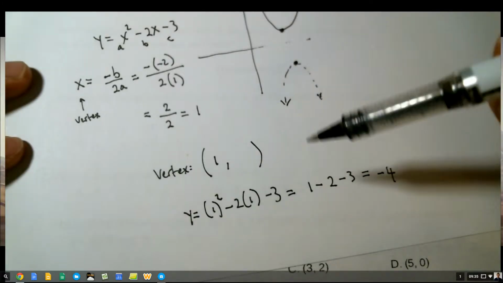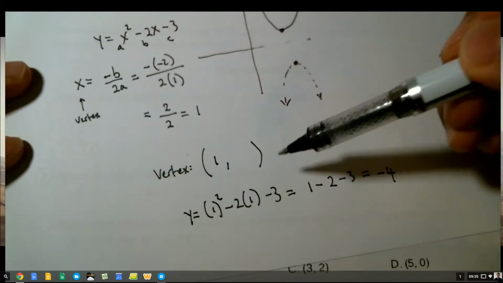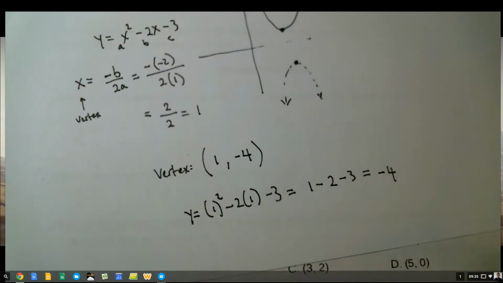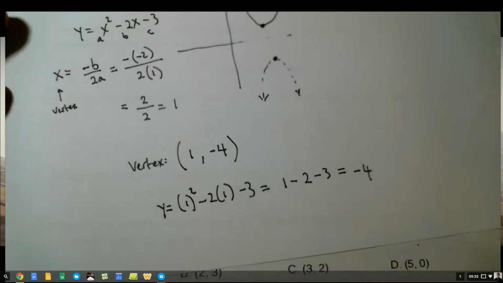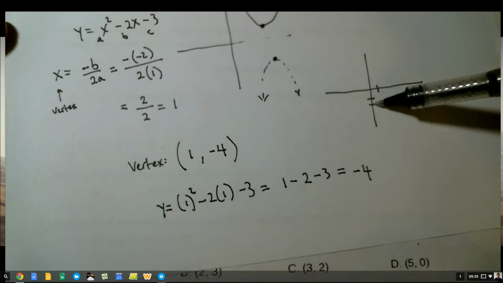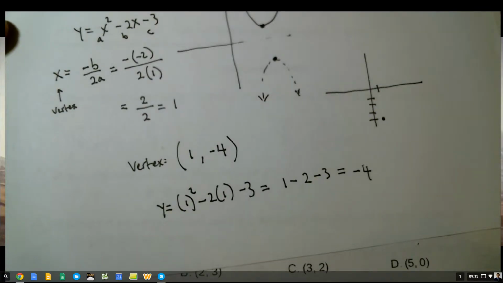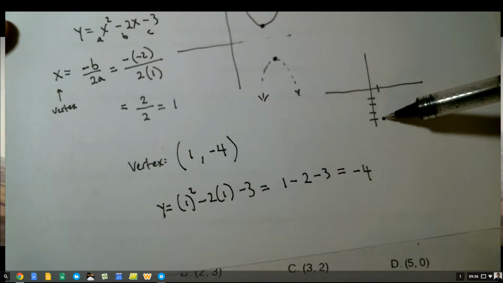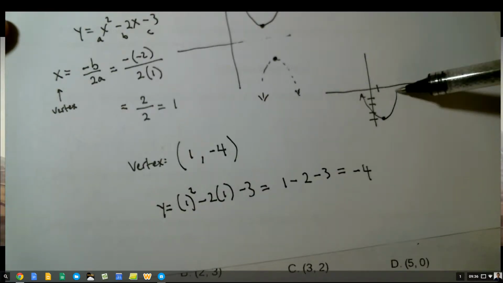So the vertex we found from this function is (1, negative 4). Okay, so let's take a look. 1, and down 1, 2, 3, 4. We know the vertex can be right here. So what is the minimum value here? We don't know what the function looks like, so I'm just going to draw some kind of generic one.